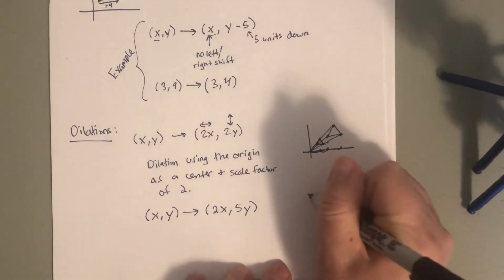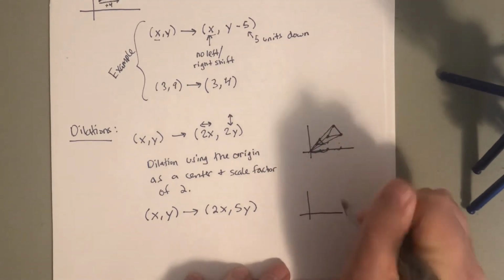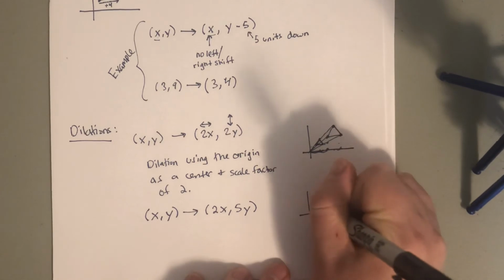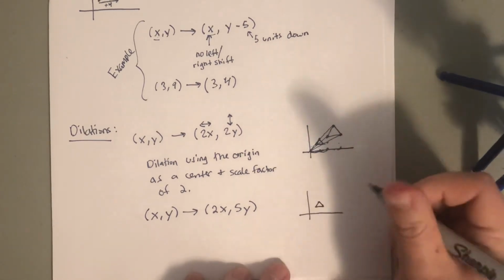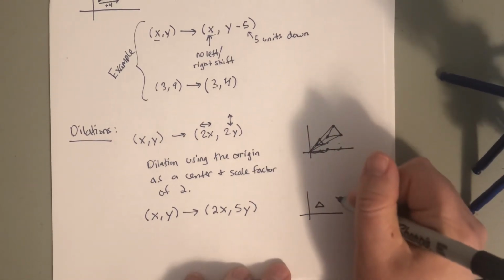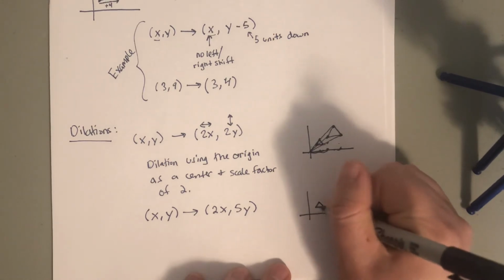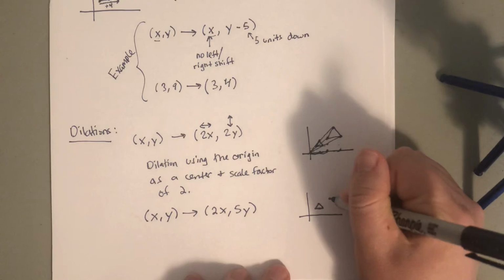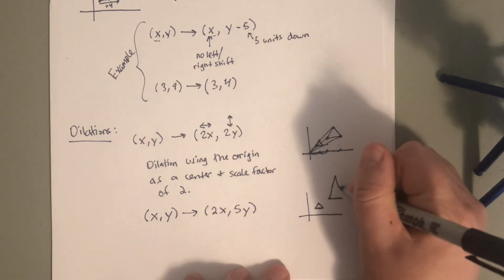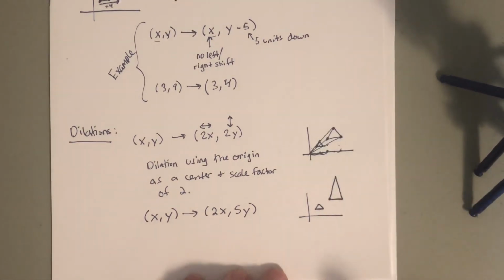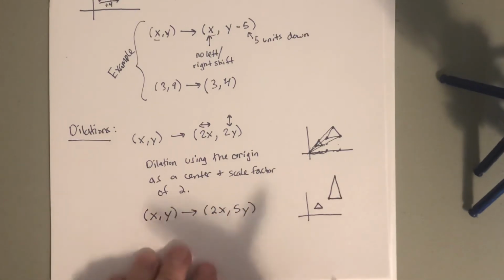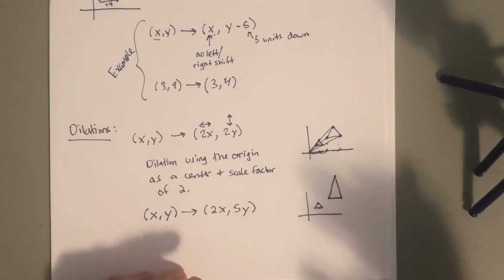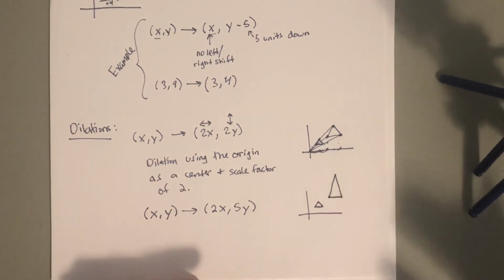So what you're going to have here is your x distances are all going to double, but your y distances are going to multiply by 5. So what was the bottom here? It's going to be twice as long. But the y values are all going to be multiplied by 5, so it's going to stretch it out up high because it's not expanding with the same scale factor in all directions.